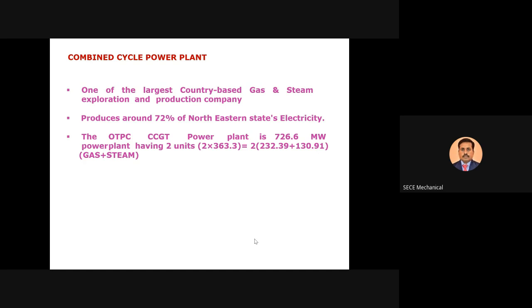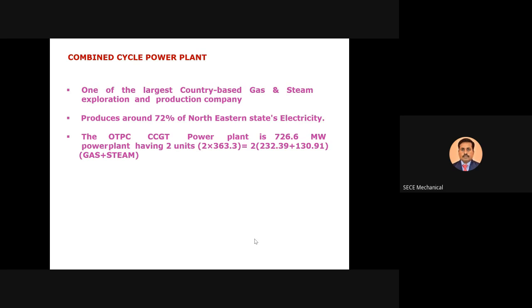One unit produces 363.3, so with the help of two units we can produce 726.6 megawatt. In that, a steam thermal power plant is combined with a gas turbine power plant.